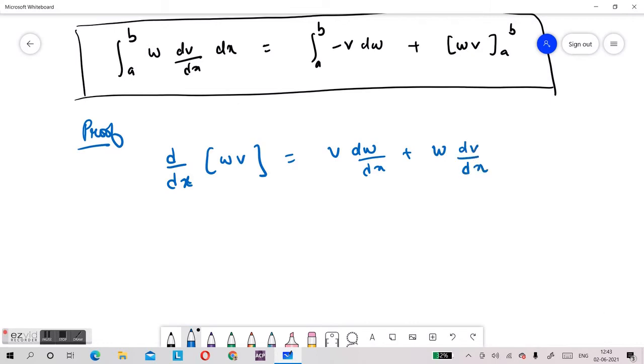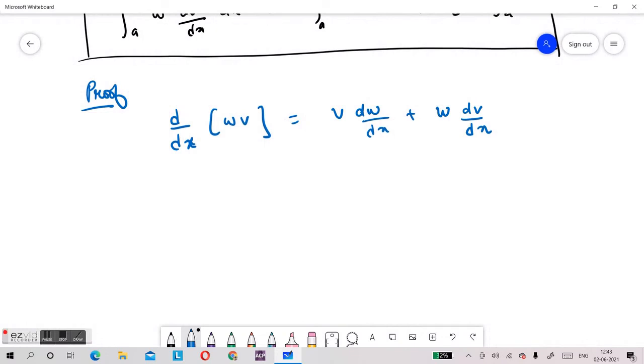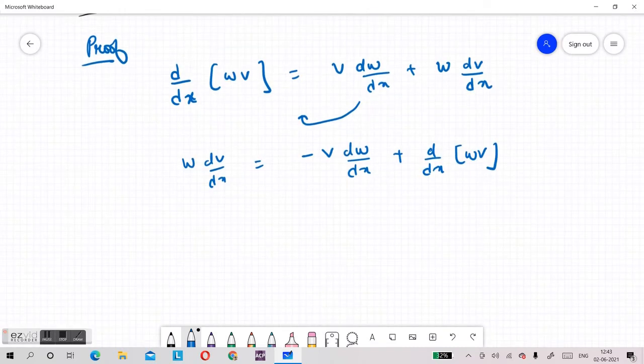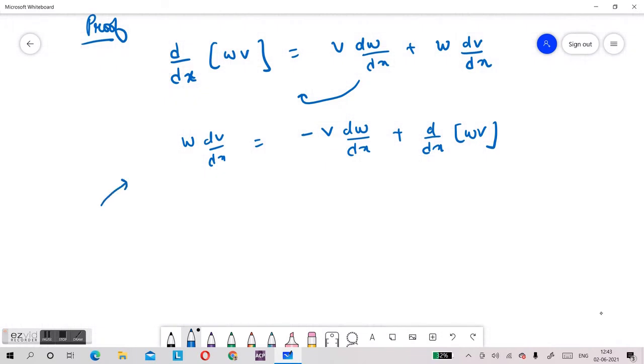So we shift this term over, and w dv/dx equals minus v dw/dx plus d/dx of wv. Then next, we will integrate.